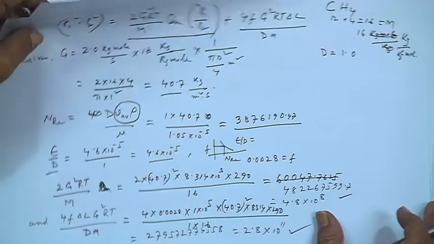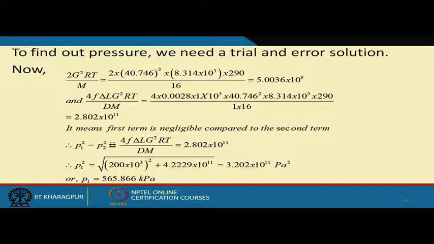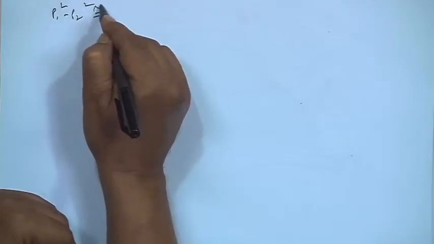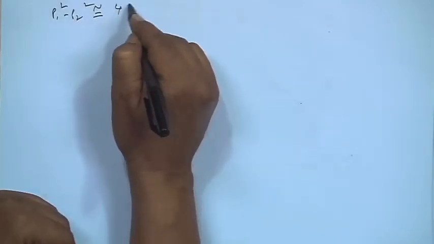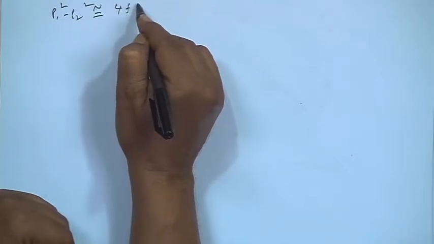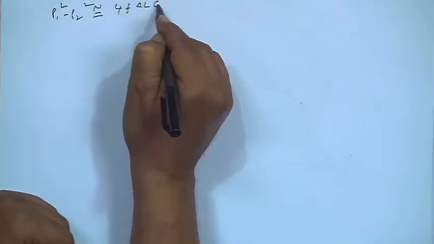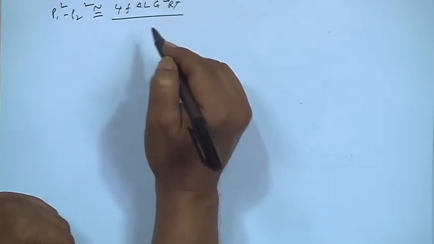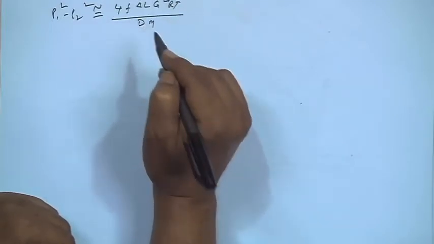If we neglect that, then we can write P1 square minus P2 square is roughly equal to 4f delta L G square RT over dM, right?